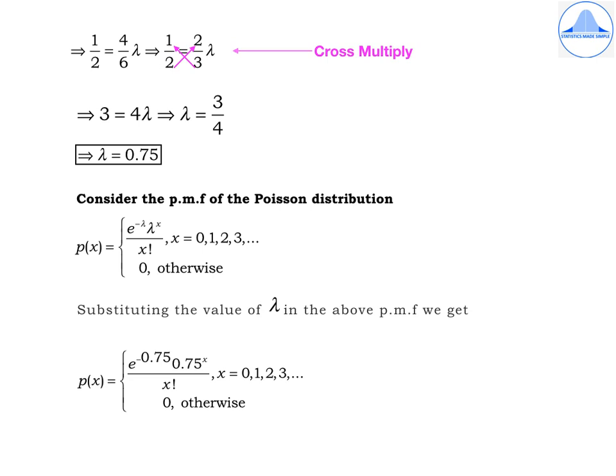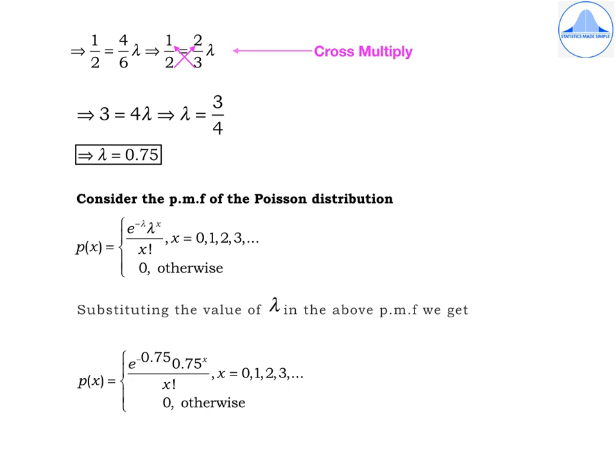Now we need to find out actually probability of capital X equal to 4. So before we find out probability of capital X equal to 4, we need to write the p.m.f. So write down first the general format of the p.m.f of the Poisson distribution. Then in that, wherever you have lambda, you replace it by 0.75.